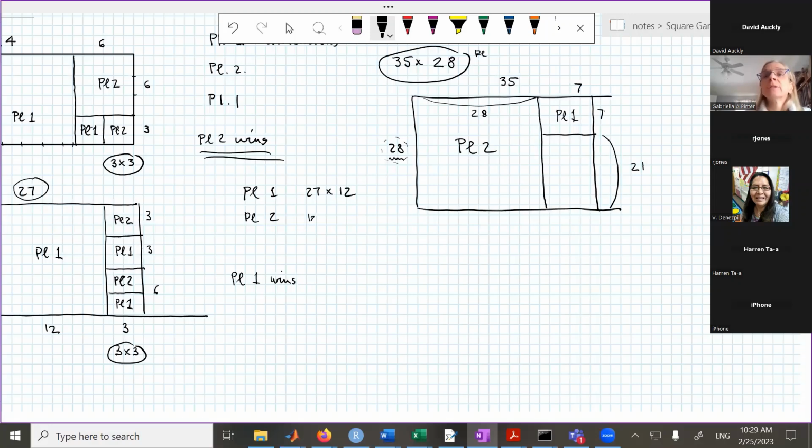So player 2 can also do a 7 by 7 here. I know it does not look like a square because my drawing is a little bit off. But it's another 7, so now we have 14 left. So player 1 can do a 7 by 7, and player 2 finishes with a 7 by 7. So here player 2 wins. And the last square was a 7 by 7.